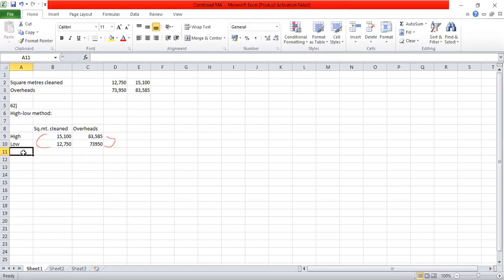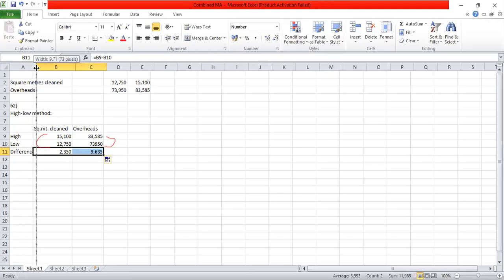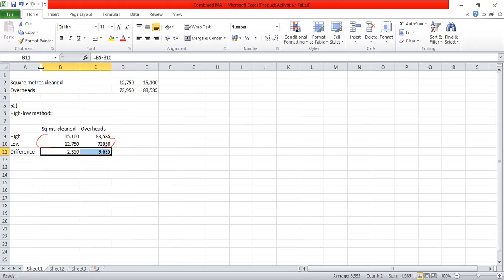The difference in activity is 2,350 units, and the cost changed by 9,635.